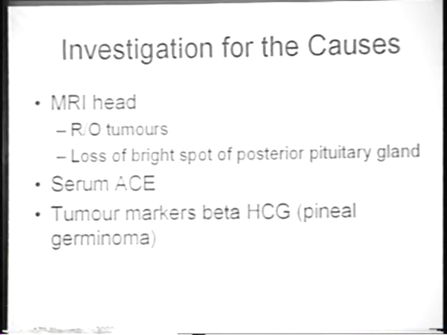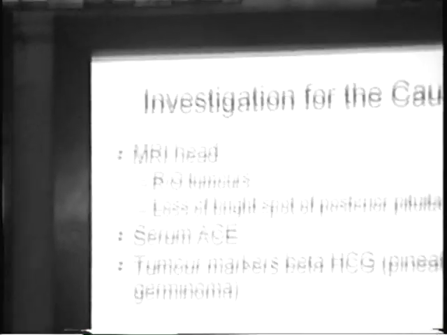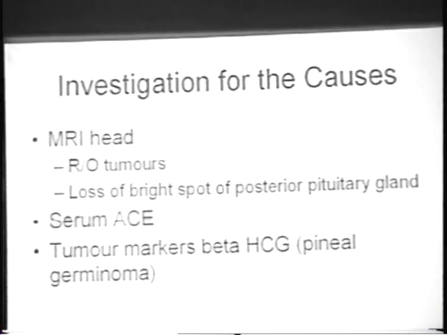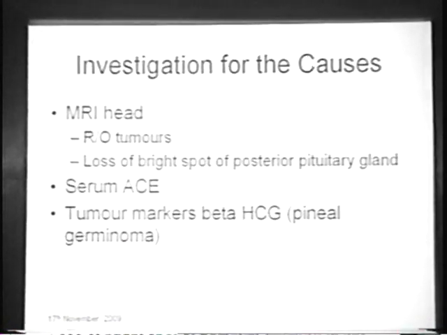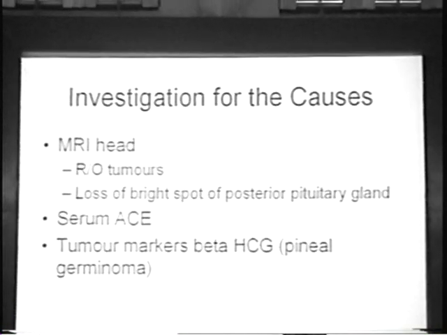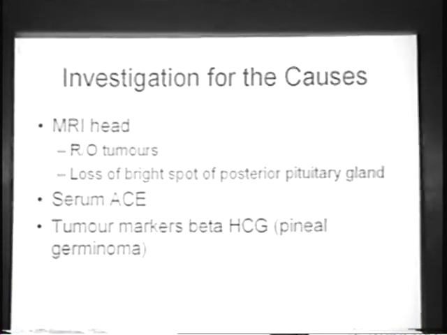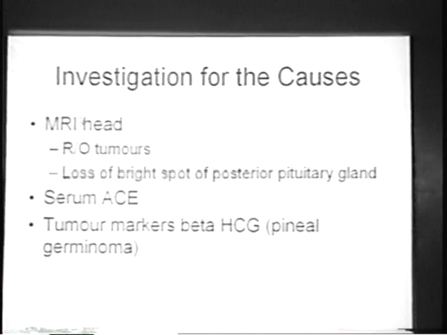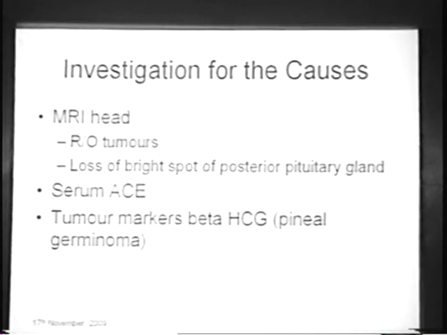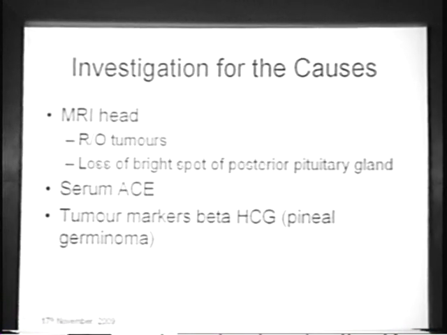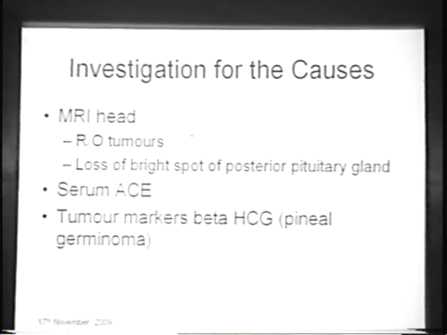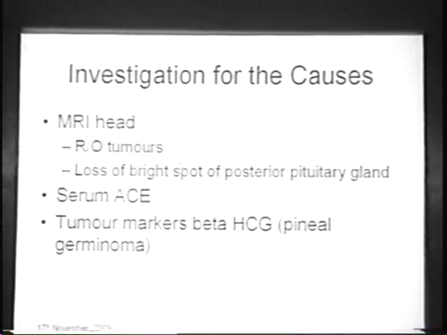When we are investigating a patient who has a potential pituitary tumor or a space-occupying lesion within the pituitary gland, we do an MRI of the brain. Anybody who has pituitary dysfunction symptomatically, we do an MRI of the brain to rule out tumors.